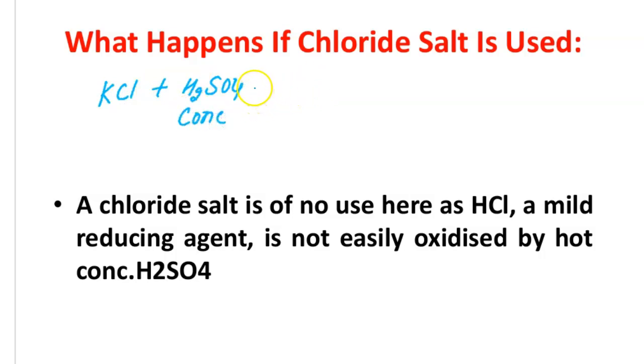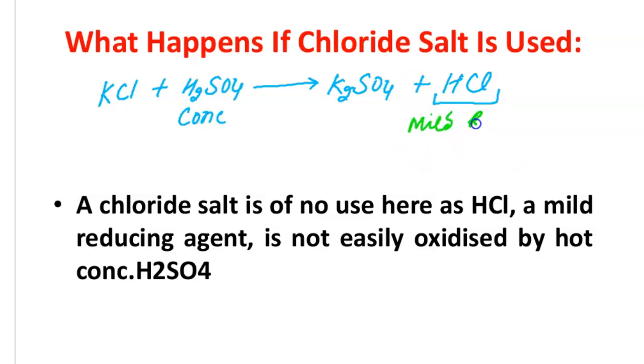Now this reaction will proceed to give K2SO4 and produce HCl. Now this HCl, being a mild reducing agent, is not oxidized by hot conc H2SO4 like it was happening for bromide and iodide salts.